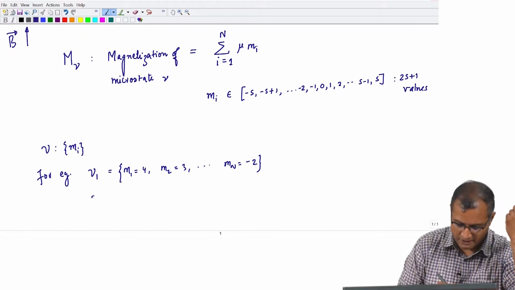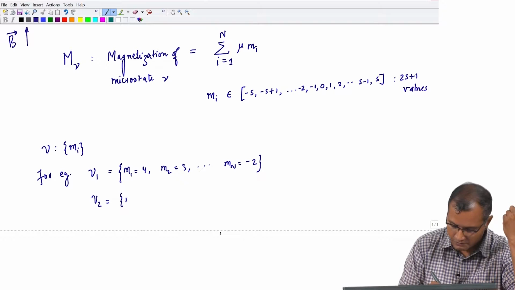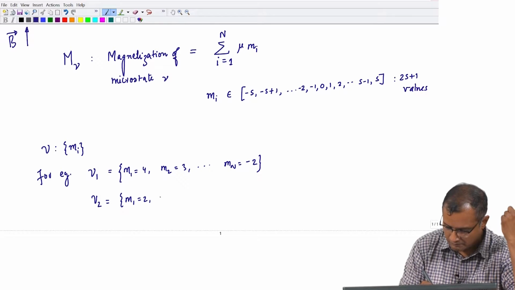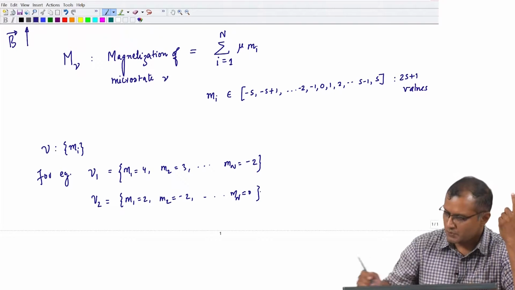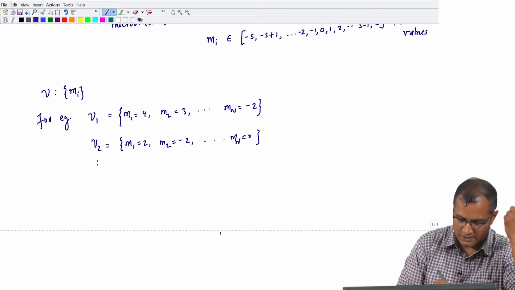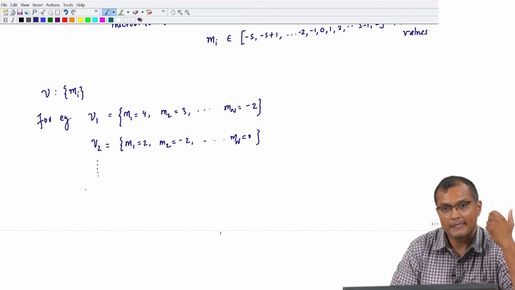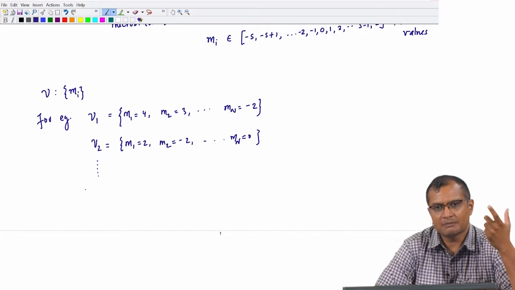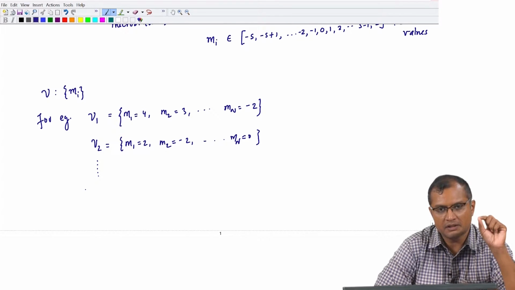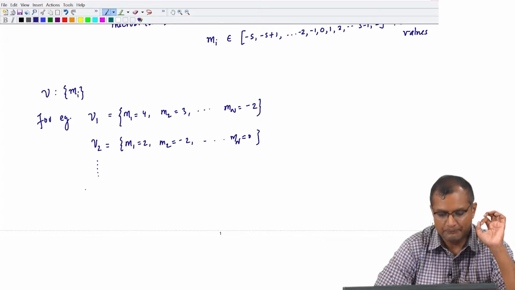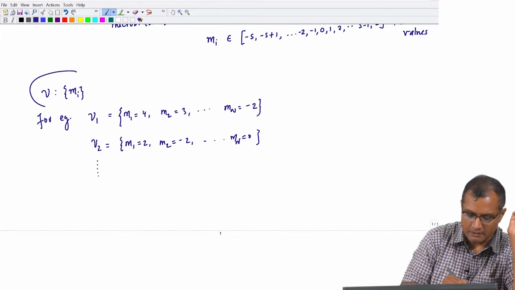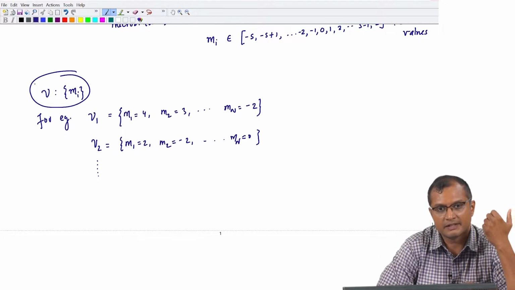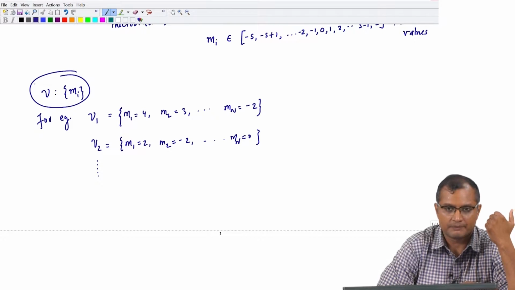You can specify another set of values. So, this way you can set up a large number of microstates. Each one of them is nothing but the set of particular values of mi, okay, which means I can also call my microstate as nothing but a set of mi's. This is my label microstate. Okay.